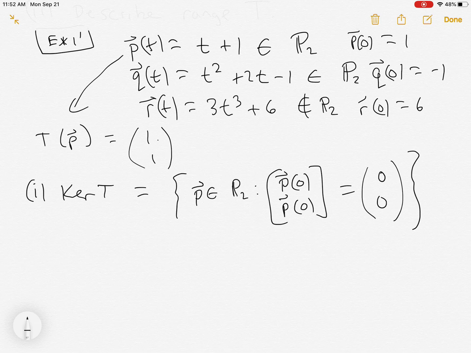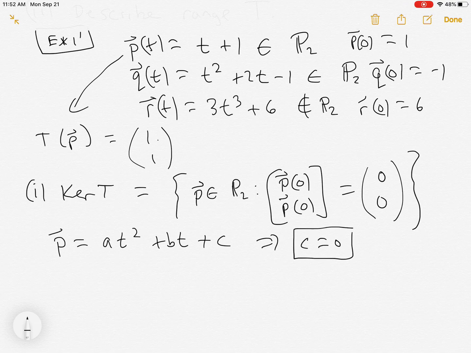Okay. So this says that P, which has the form AT squared plus BT plus C, that's a second degree polynomial, it must be that C equals 0, right? That must be the case here because we're going to map to the 0 vector each time, and these constants need to be 0.